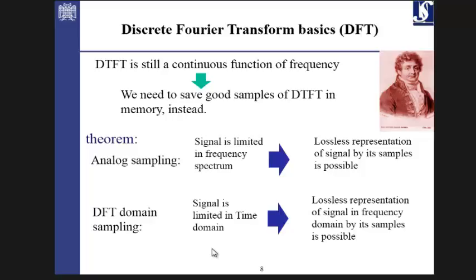So people started to think about the same idea we had in the time domain. When we had the signal in the time domain, which was continuous in time, which was called analog, they came up with the idea that we can take the samples in such a way that the samples are representative enough.